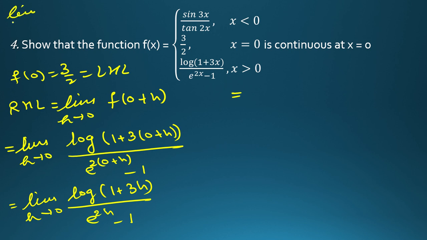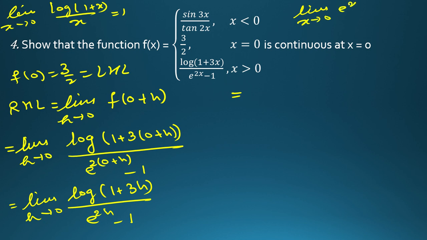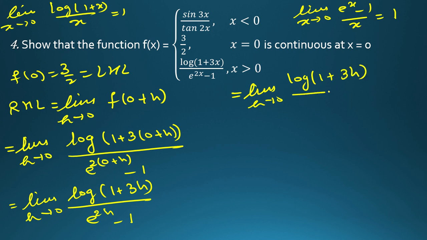One is limit x tends to 0 of log of (1 plus x) upon x is equal to 1, and another formula is limit x tends to 0 of (e to the power x minus 1) upon x is equal to 1. So it will be limit h tends to 0 of log of (1 plus 3h). Now you see here we don't have h, we have 3h. So in the denominator we want 3h, and in the numerator also we will multiply by 3h.